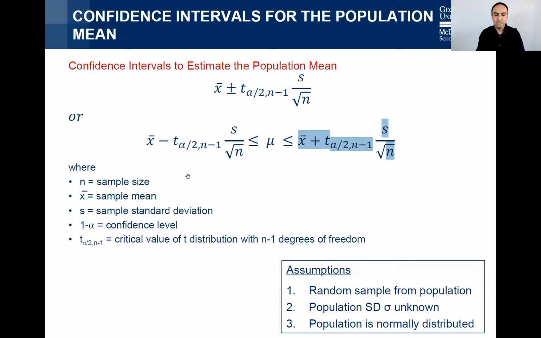In other words, we have that sample statistic, that point estimate, and we subtract and add a number to it to form that range, which is called the confidence interval. Some assumptions we need to make sure of: the sample is randomly taken, the population standard deviation is unknown, and the underlying population is normally distributed.